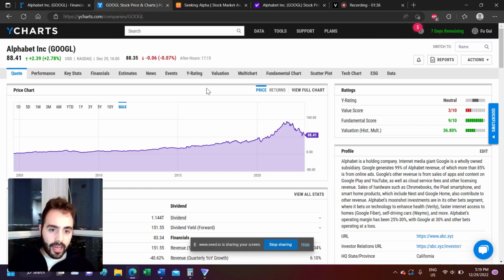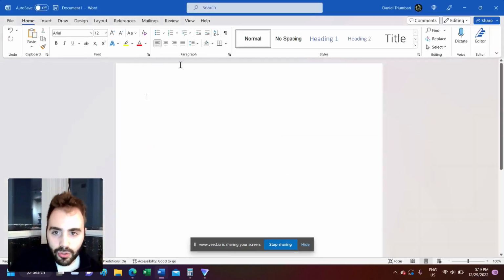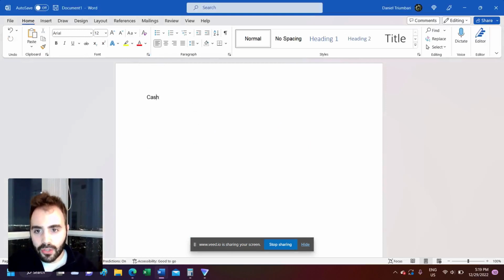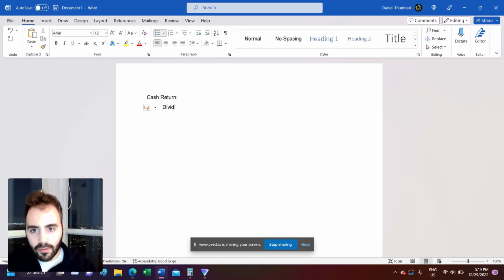And then in addition to that, we've got our growth return, which is based on the company's ability to reinvest its earnings. So if I go to Word, I can write that down, very simple for you. We have two components. One is our cash return, and our cash return is equal to our dividend yield and our share buyback yield.